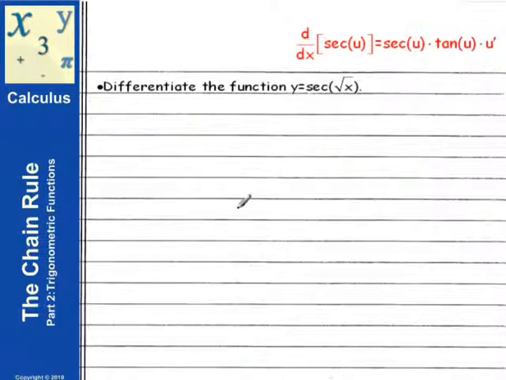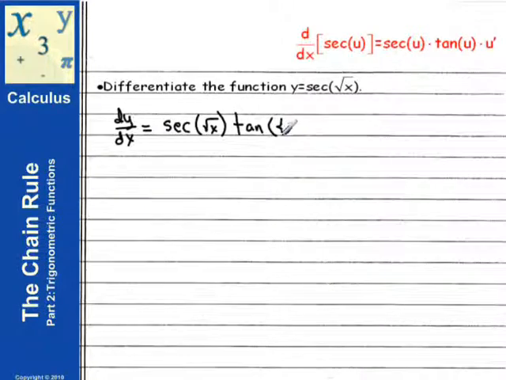So we practice a great deal on writing this down. We're looking for dy dx. So dy dx is equal to the secant of the square root of x times the tangent of the square root of x, and then times the derivative of u.